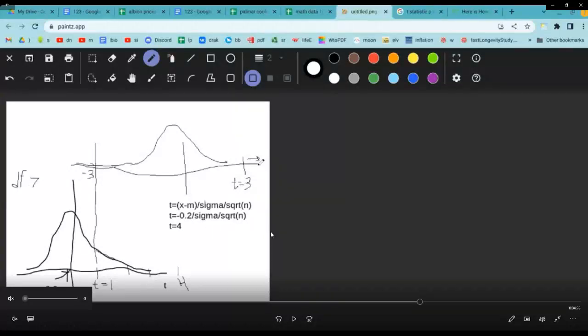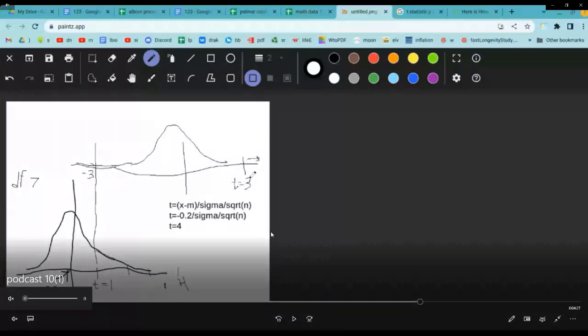Okay. So t value is basically a scaled mean, really. Scaled meaning that it's just divided by a number. And so the distance between the center of this curve and that curve is just the mean of that curve minus the mean of this curve, like x minus mu naught, where x is the true mean and mu naught is the question mean in our case.